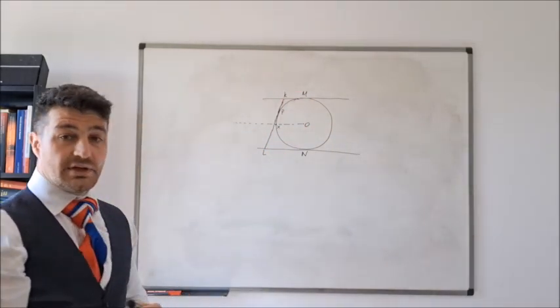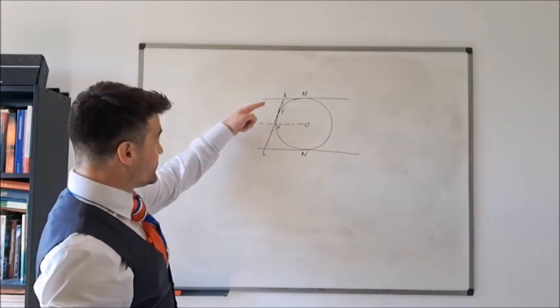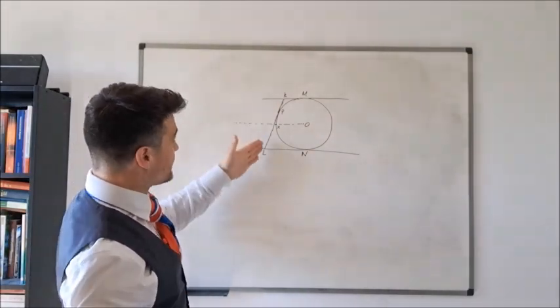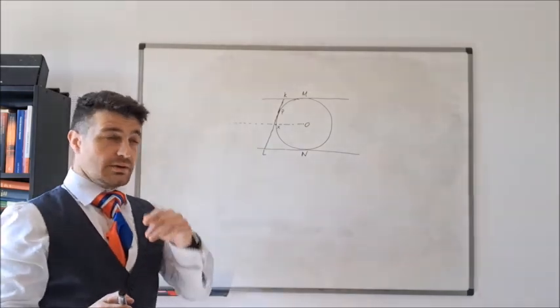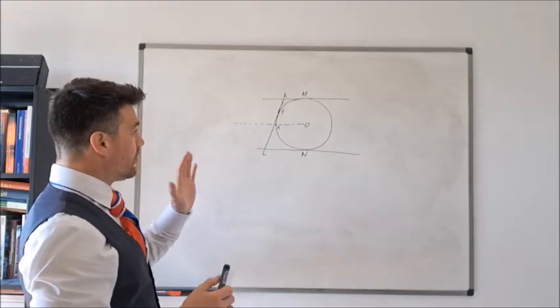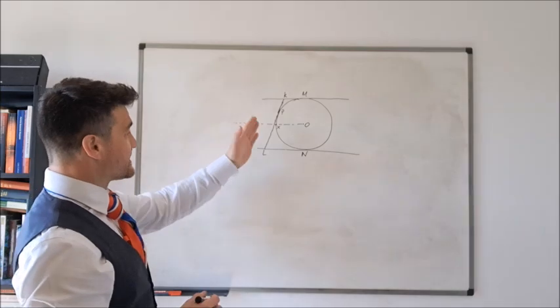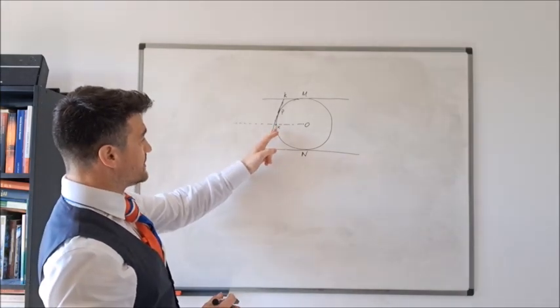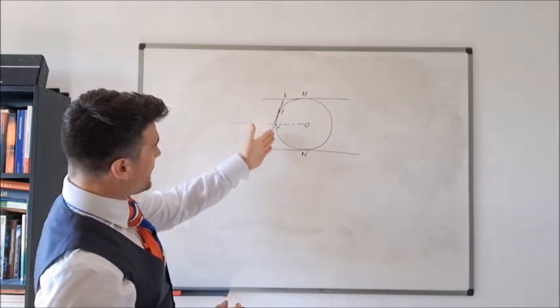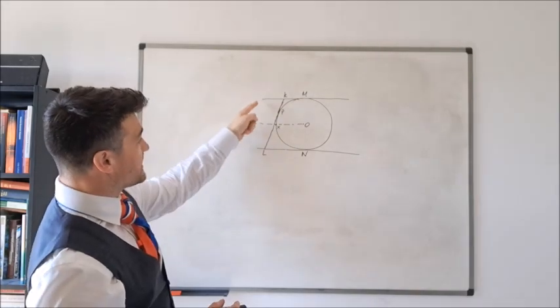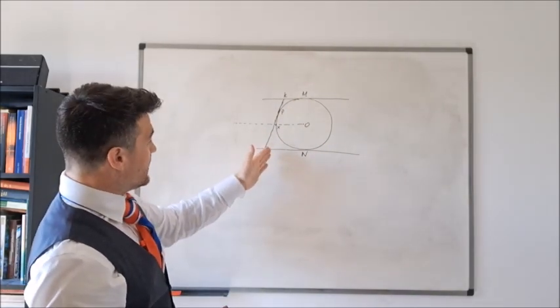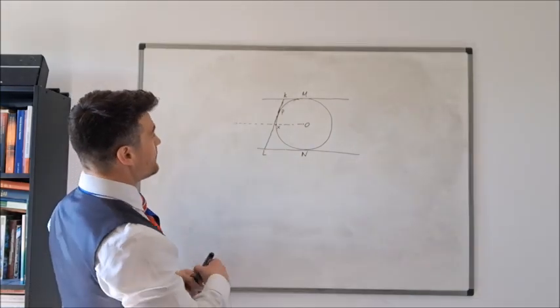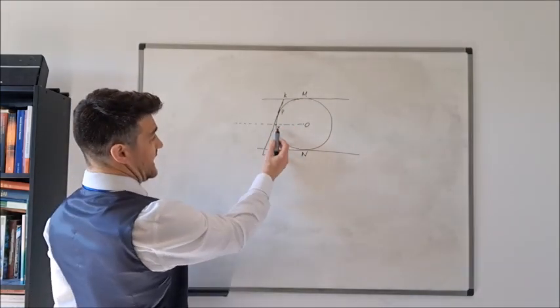We know that from the previous part, we can draw a circle with diameter KL, which passes through O. Now, what we find here is that as P moves, if K and L are, if this line is perpendicular to the original tangents, then P is going to be here, where X is.